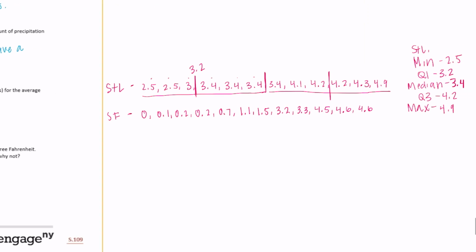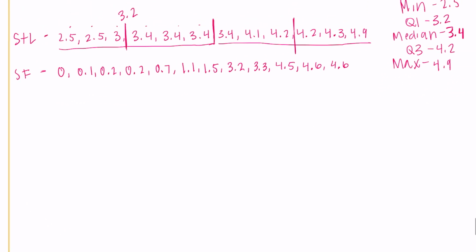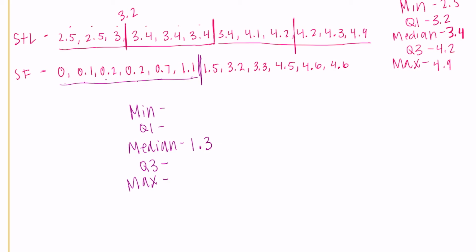And then let's do San Francisco. We'll have the minimum, maximum, median, quartile 1 and quartile 3. So the median, if we count up 1, 2, 3, 4, 5, 6, it's in the middle of 1 and 1/10 and 1 and 5/10. That will be 1 and 3/10. Find the median of those. So let's do the lower half.